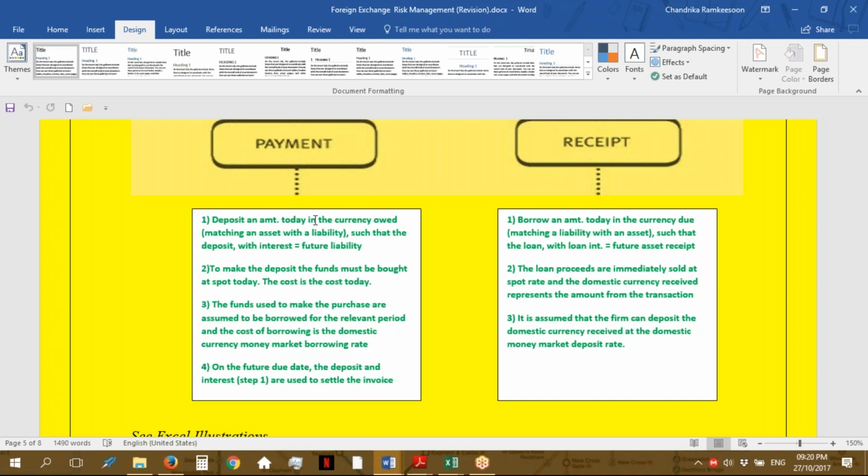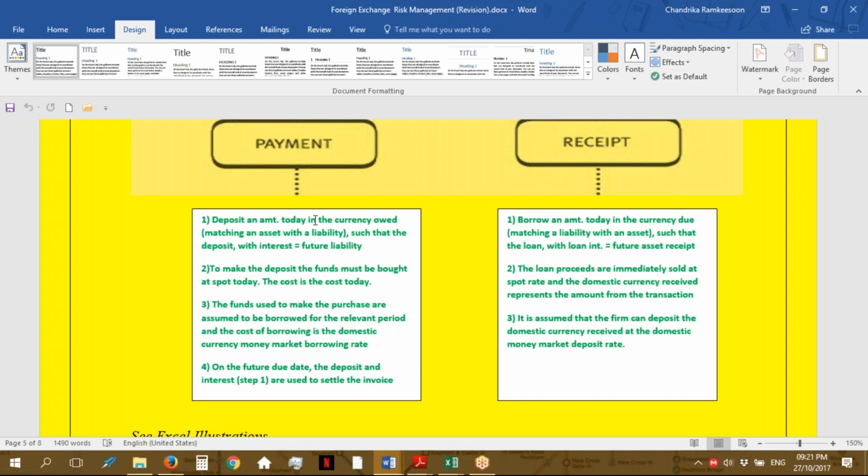Now you have to work out the amount to be deposited today by just working backwards. For example, if you know the deposit rate will be say 5% per annum, of course you'll have to equate it to a 3 monthly rate. And if you know what that rate is, okay, all you need to do is to work backwards to find the principal, the amount that you will deposit today, as we'll see in the example.